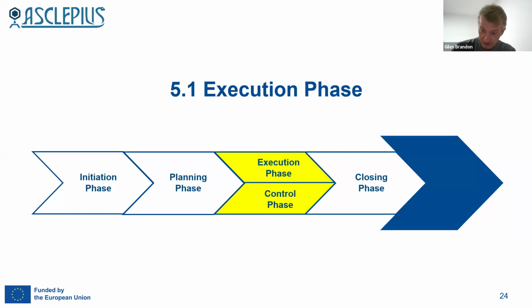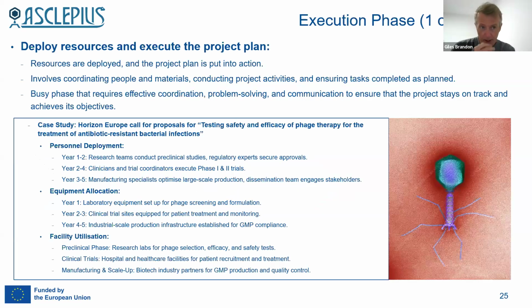And now you're going to be implementing a project. So what would be the activities to think about here? Well, no real surprises. You're going to need to deploy resources and start to execute this project plan.